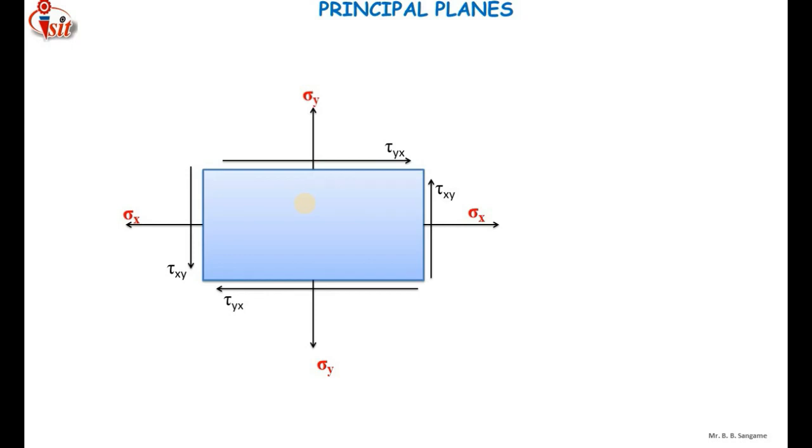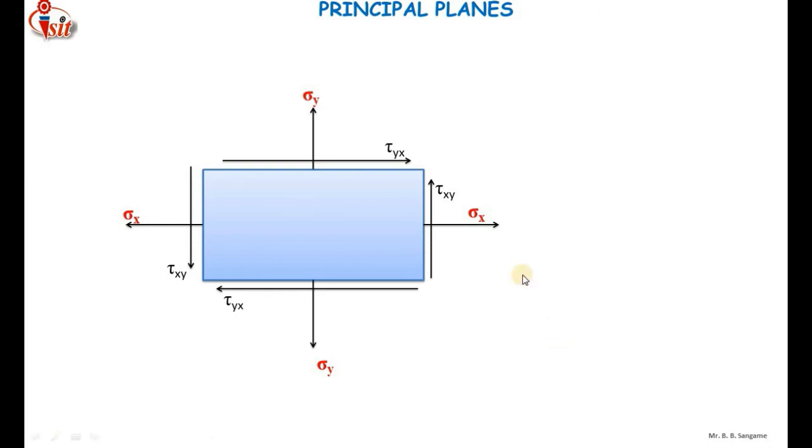Only a normal stress will be there, as per the definition of the principal plane. On the principal plane only normal type of load will act. If on any plane there is a shear stress, then that plane cannot be called a principal plane.